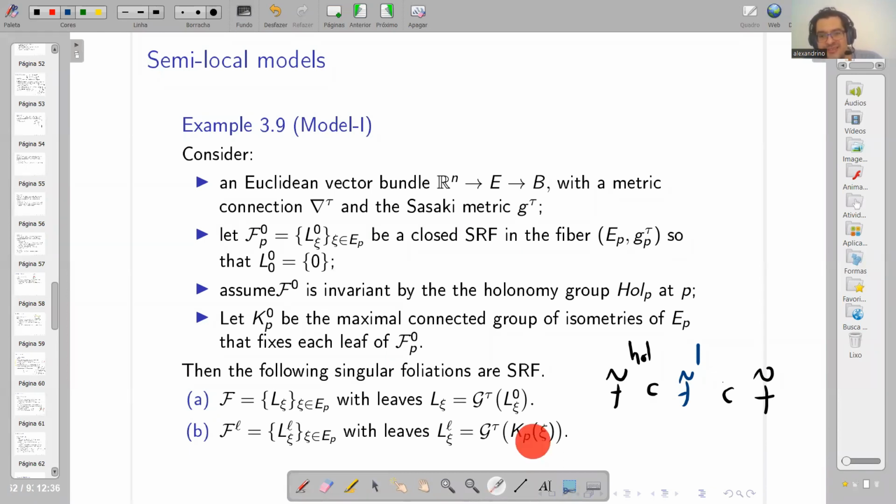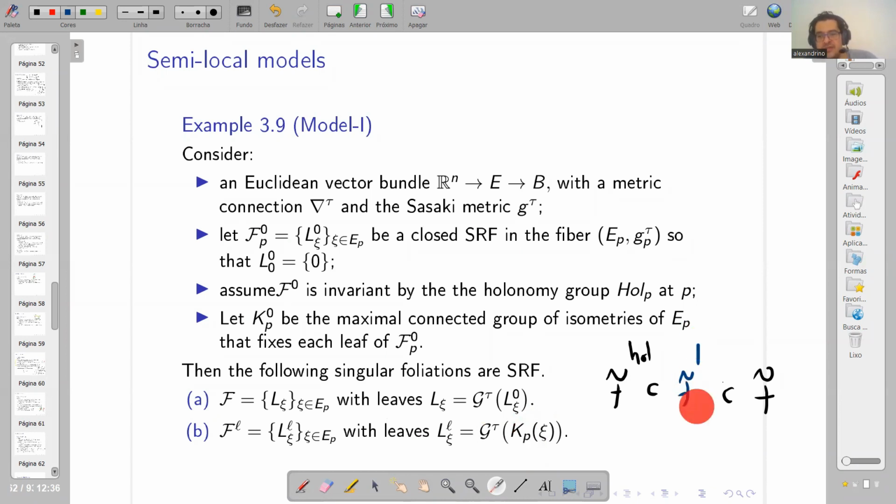Sometimes you need to do that, even in actions. The isotropy group doesn't need to have one connected component, okay? But anyway, this guy fixes leaves. That means he may send one leaf to another leaf with the same dimension. You rotate and then translate. So this guy is rotate and translate.